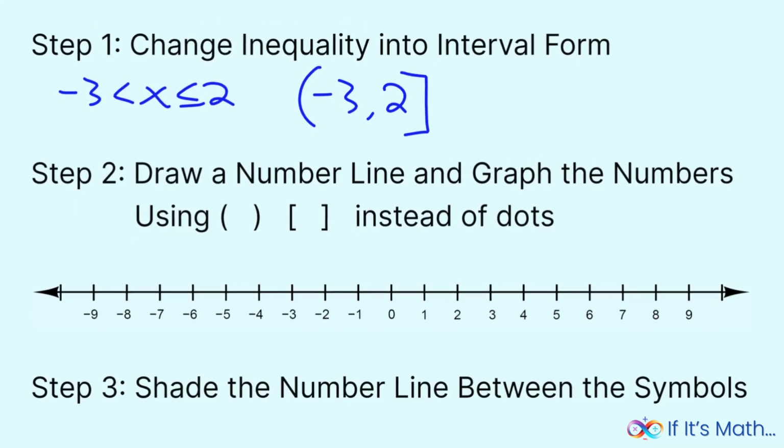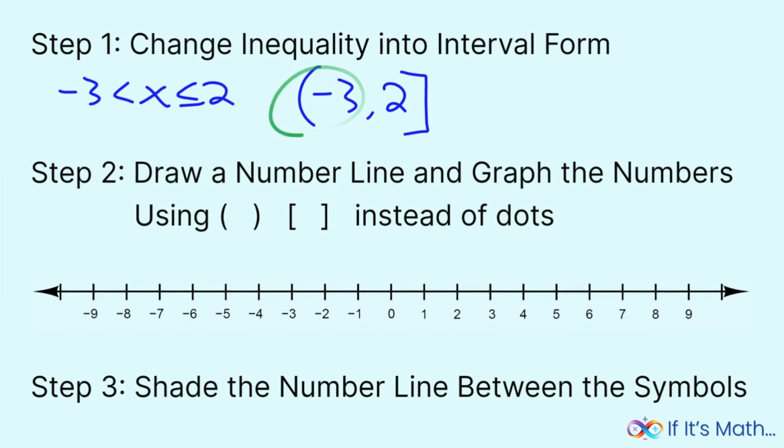So we're going to move on to step 2. So now we have 2 of them to graph. So we look at our -3. So that's going to put us here. And because it is a parentheses in this direction, that's what we're going to draw there. So on -3, we're going to do a left parentheses. Then our second number is this 2.